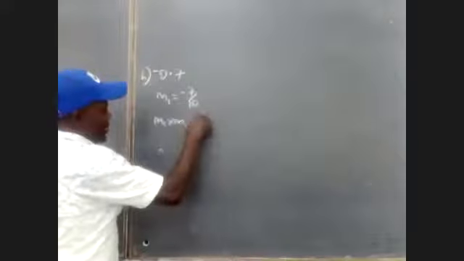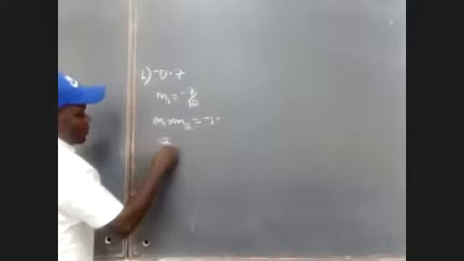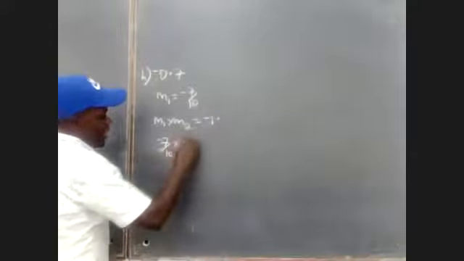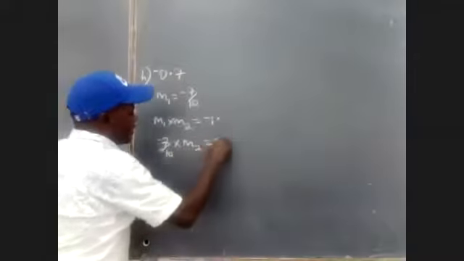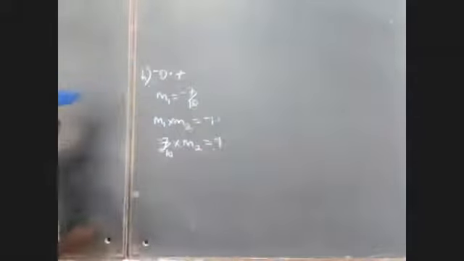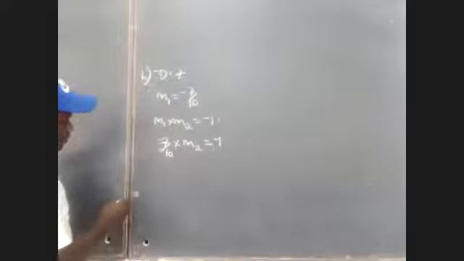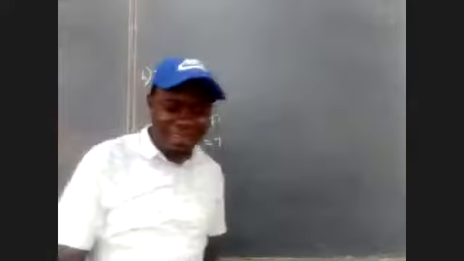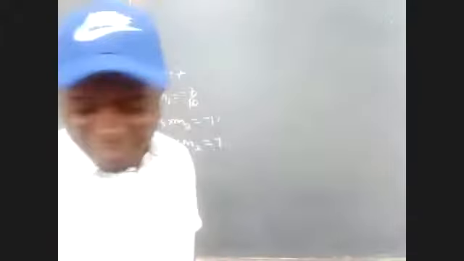Let me first put this one, and then I do the substitution. Then we shall divide both sides by 10. Divide or multiply? Multiply, sorry, both sides by 10.